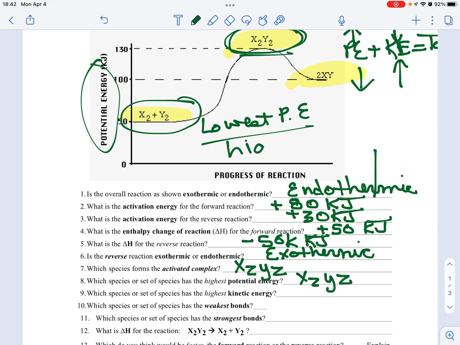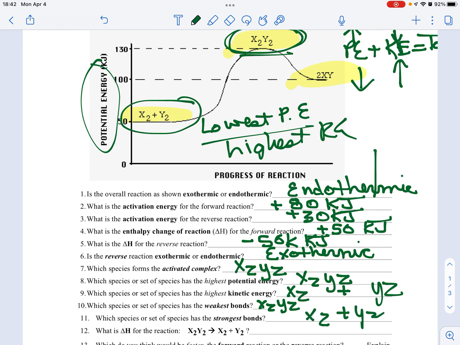Therefore, it'll be my highest kinetic energy. So my X2 plus Y2 is the species there. Which species or set of species has the weakest bonds? That'll be X2Y2. Which species or set of species has the strongest bonds? That'll be X2 plus Y2, because if it's got the lowest energy, it's got the strongest bonds.